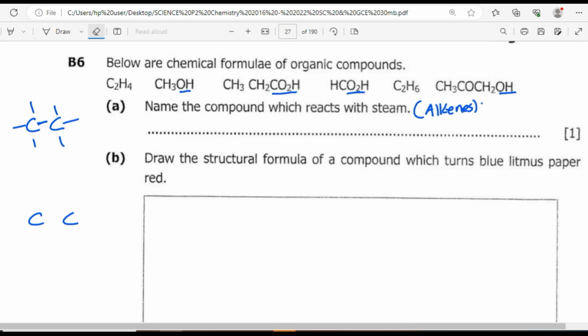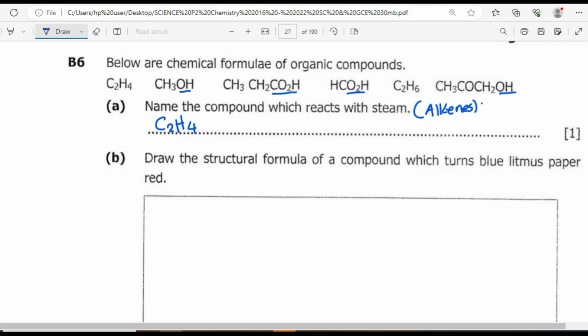So the first one, for it to have 4 hydrogens, we need a double bond between the carbons. The fifth one has a single bond. An alkene must have at least a double bond. So the answer is C2H4.